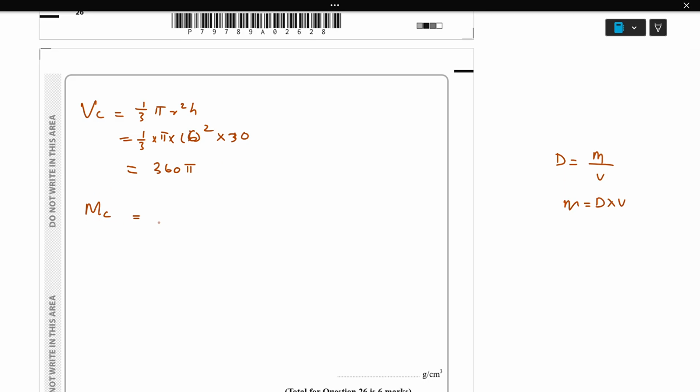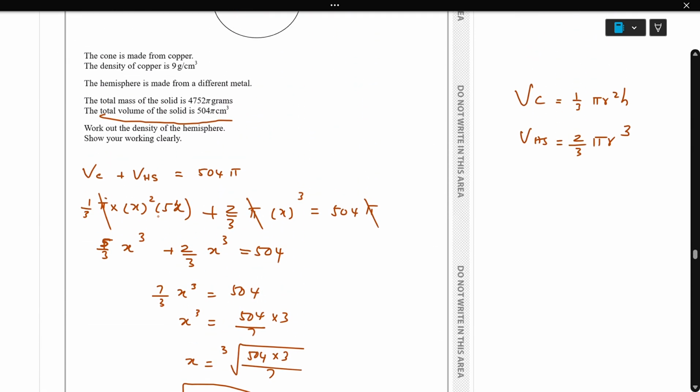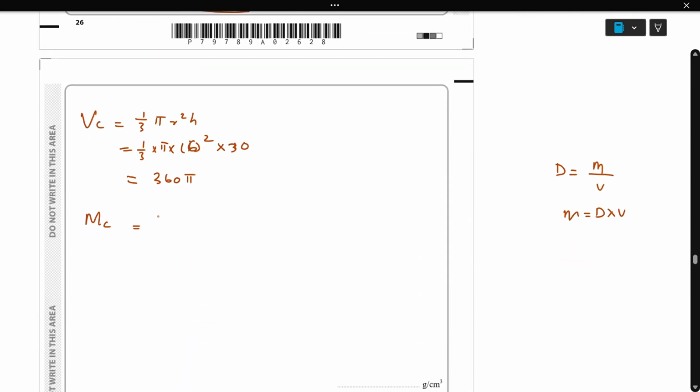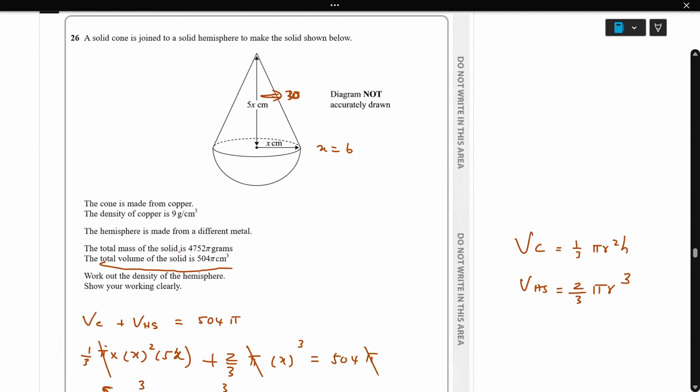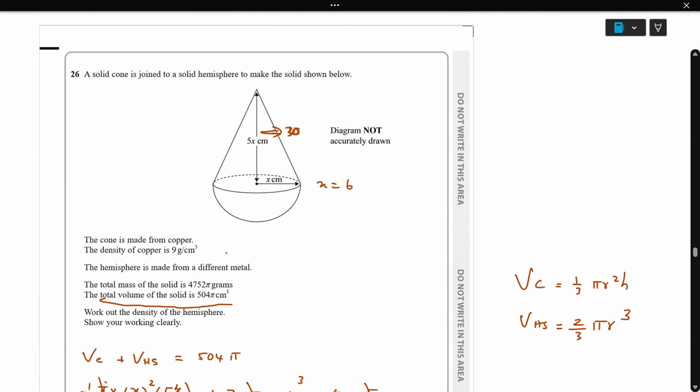Density of cone is given, which is 9, times volume of the cone 360 pi, which is equal to 3240 pi.